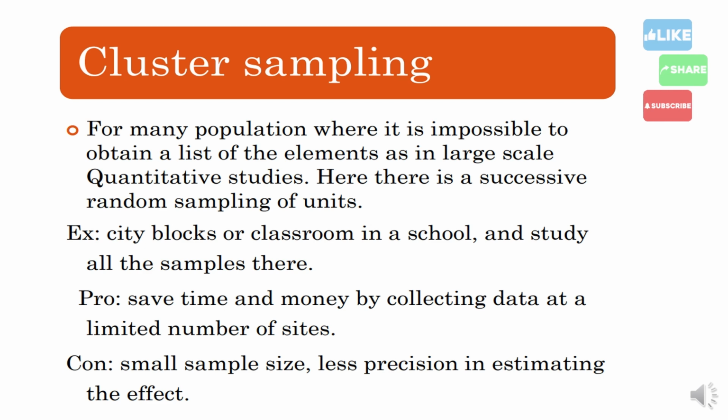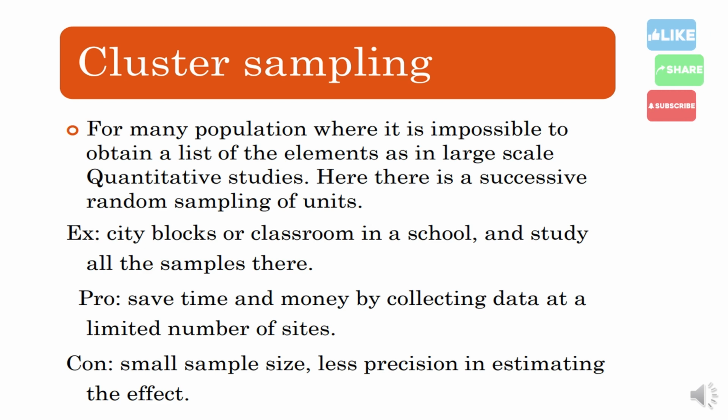For many populations it is impossible to obtain a list of elements, as in large scale quantitative studies. So here there is a successive random sampling of units, like city blocks or classrooms in a school, and we study all the samples there.